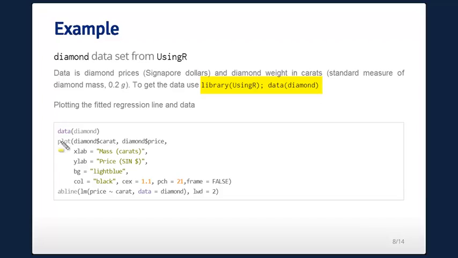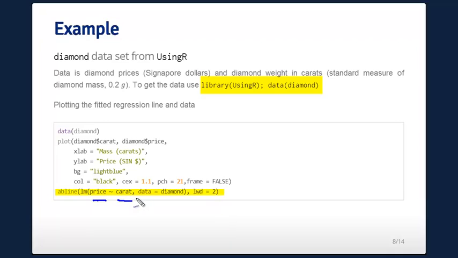So here we can create our plot. I think all this we covered before, except this statement right here, right? So our lm, price is our outcome, carat is our predictor.